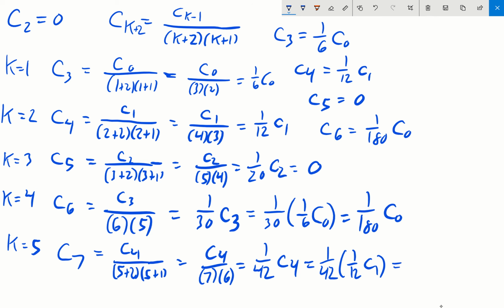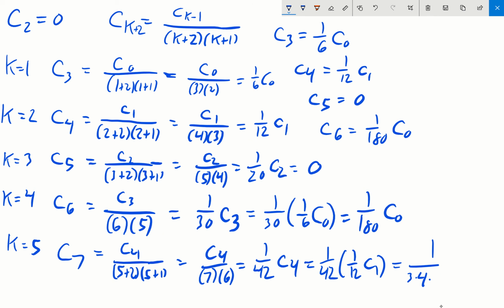I'm going to write this maybe in factored form, which will help us see the pattern here in a minute. The 42 was 6 times 7, which is 2 times 3 times 7. And the 1 over 12 here, I'll write it like this. So we'll do a 3.